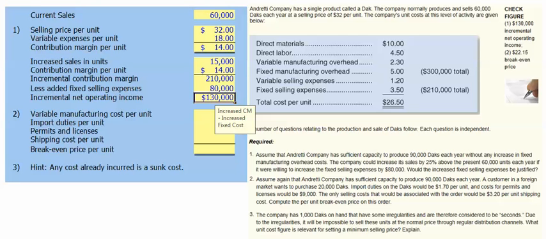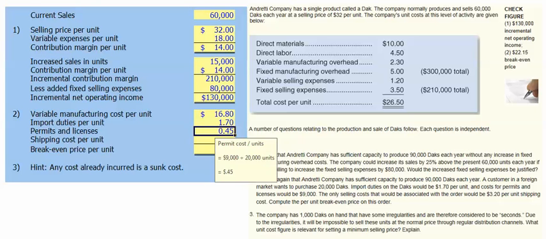Our variable manufacturing cost per unit is $16.80. That's our $10 for direct materials, $4.50 for direct labor, and $2.30 per unit in variable manufacturing overhead. We were told our import duties were $1.70 per unit, and our total cost of permits and licenses would be $9,000.